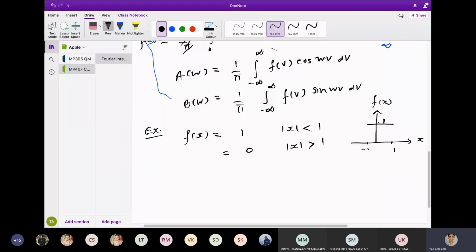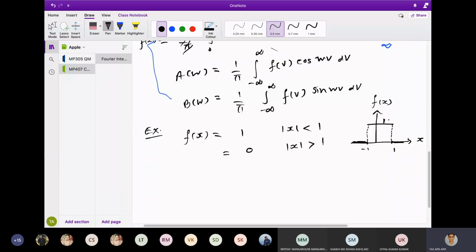So between minus 1 and plus 1, it is actually 1, and then there is a break. There is no continuity, there is a break. So this is equal to 0 beyond all these values, even for 2, 3, 4, 5, 6, minus 2, and so on. Only between minus 1 to 1, it is having a value 1.